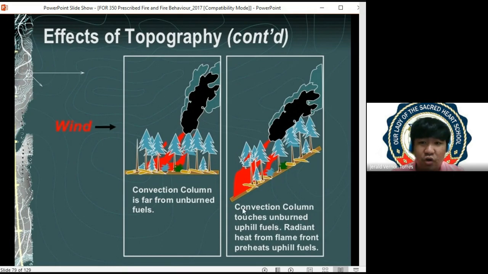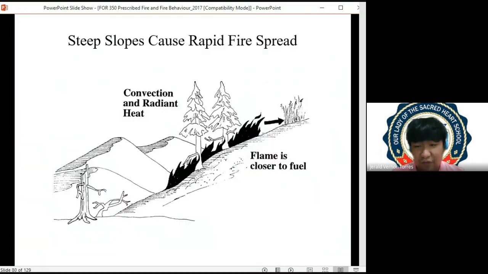Pero if you observe this one, kung sloping yung ating topography, yung spread would be a little bit faster kasi yung convection column mas madali niyang matatransfer yung heat energy pataas if sloping yung topography natin. No, so there is an easy transfer of heat energy by convection at this point.